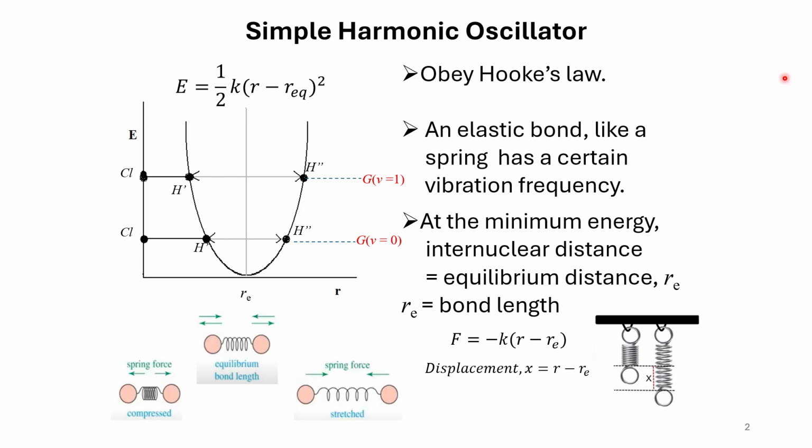So what you will see is that if we have a molecule of HCl, whereby the chlorine is much heavier than the proton, at this energy level the proton will be vibrating, meaning that it will be compressed from the equilibrium bond length to this point here, or the hydrogen atom will be elongated to a distance at this position.